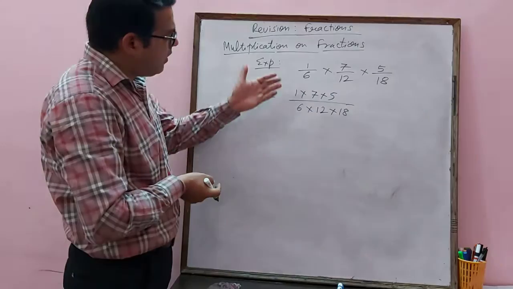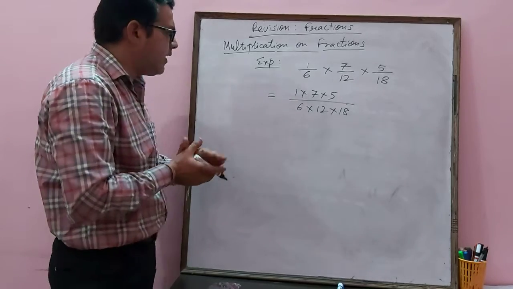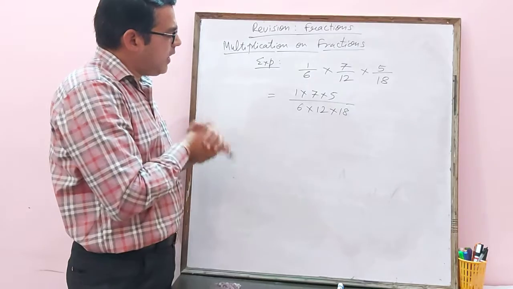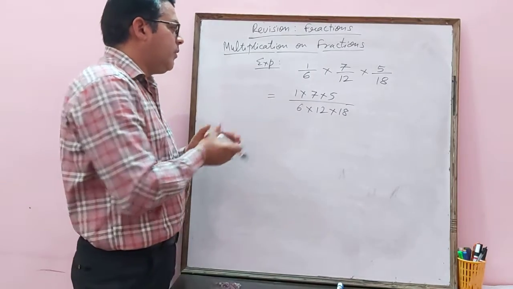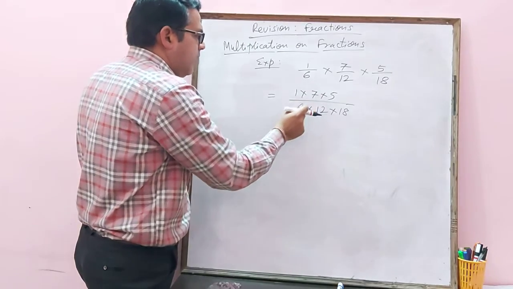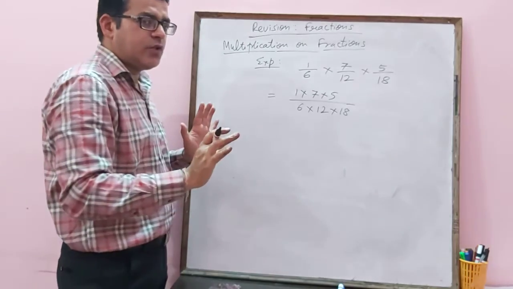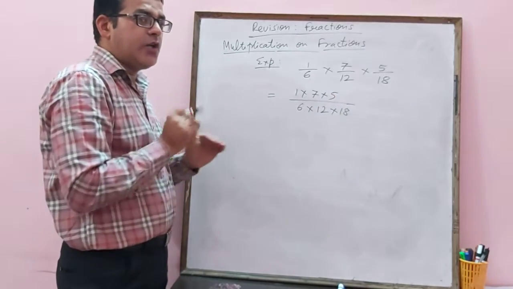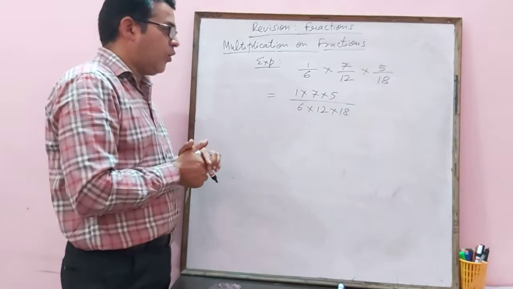Now first we have to check whether there is anything common or not. You can see here there is nothing common, because this 7 and 6, 12 and 18, nothing is common there, and 5 also, nothing is common there. It means we can't reduce any of the numerators or denominators.